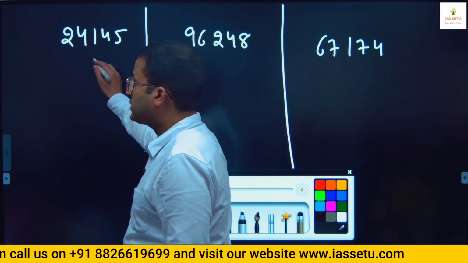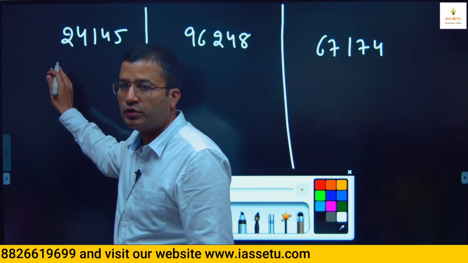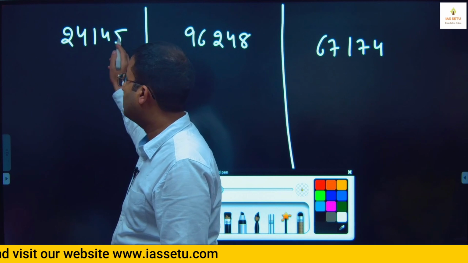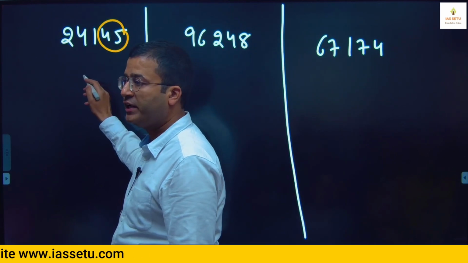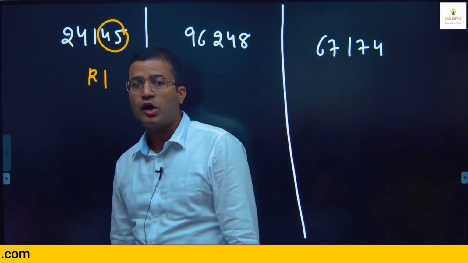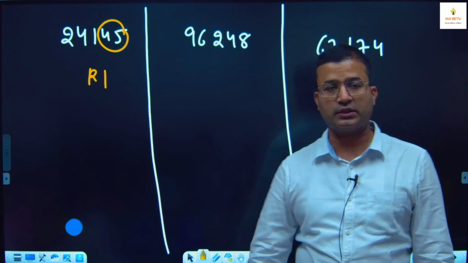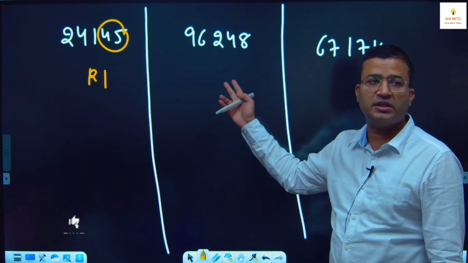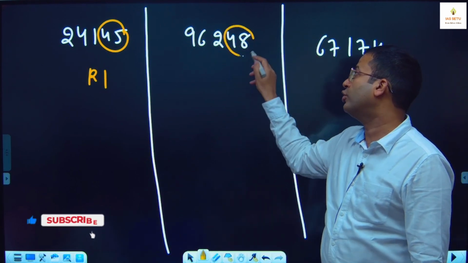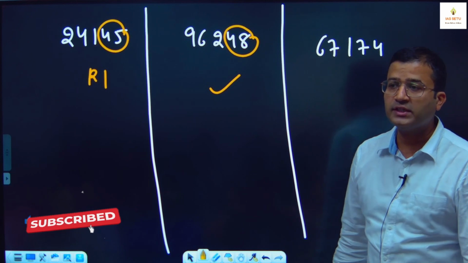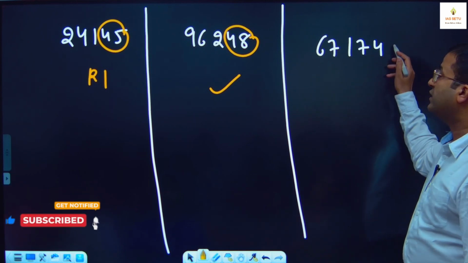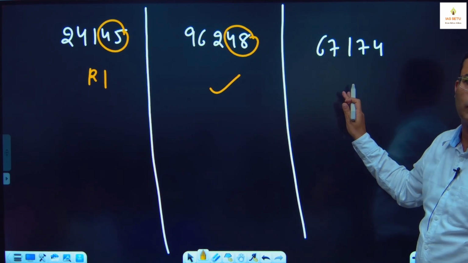Now first, is this number divisible by 4? No. What is the remainder? 1. 45 divided by 4, your remainder is 1. Only the last 2 digits are sufficient. Second question, is this number divisible by 4? Yes. 48 is a multiple of 4. Yes, it is divisible by 4. Is this number divisible by 4, yes or no?